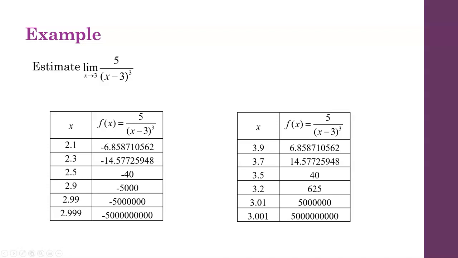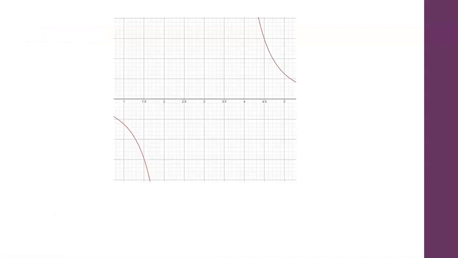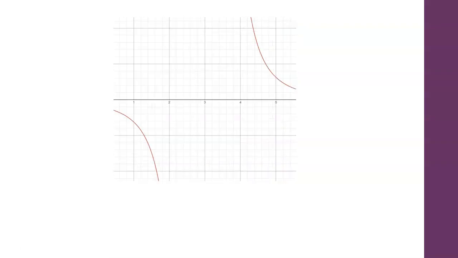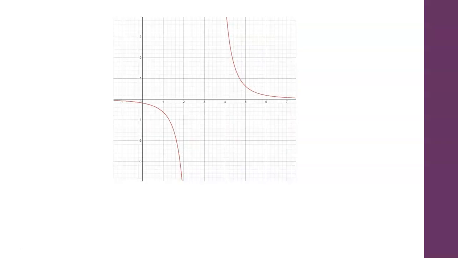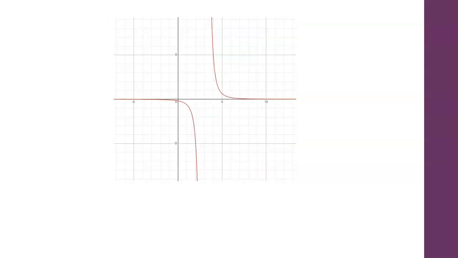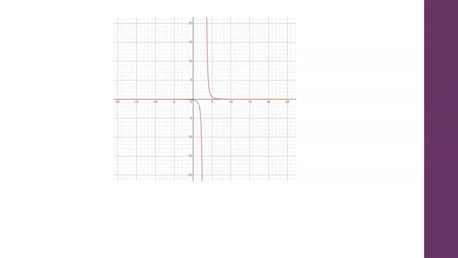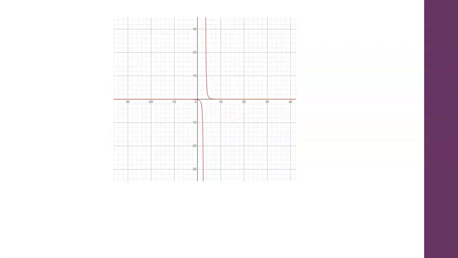So here we'll see that the left limit and the right limit are not giving me the same answer for this particular function. Here's what the graph looks like. Again, we're going to zoom out in this case so we can see what happens when we get close to 3. As we zoom out, we'll notice that on the right side of 3 the graph is going up, but for the x's that are smaller than 3 the function goes down and becomes an extremely large negative number.